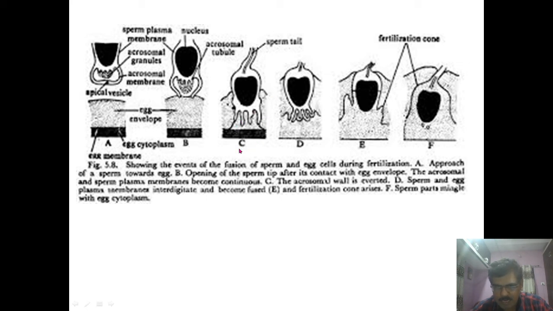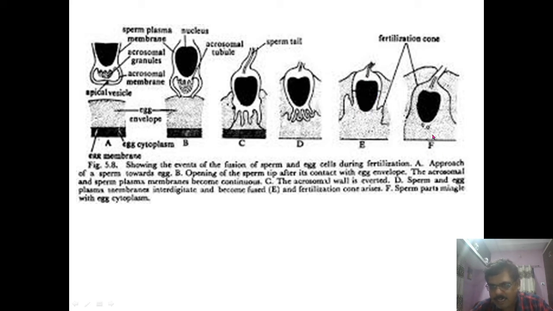In diagram C, the acrosomal wall is everted, and in D, the sperm and the egg plasma membrane interdigitate and both get fused. In diagram E, the fertilization cone is formed.